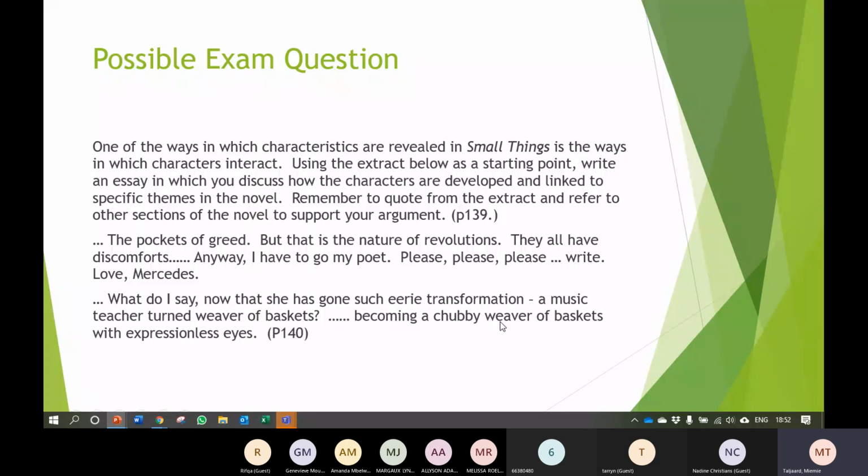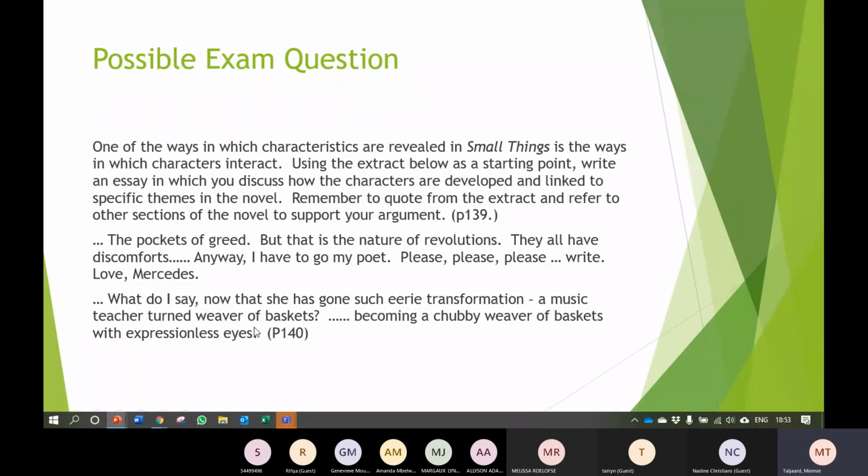Weaver of baskets, and he keeps on repeating it as if it's menial, instead of respecting a woman with so much potential who's prepared to do any kind of work to be independent. And then the cruelest is this expressionless eyes. It's not expressionless. She has lost her joie de vivre, her enjoyment of life, because the world is so hard.